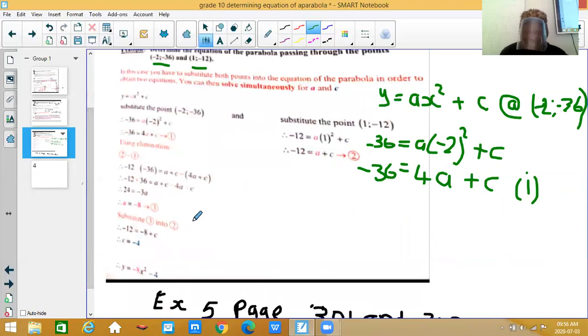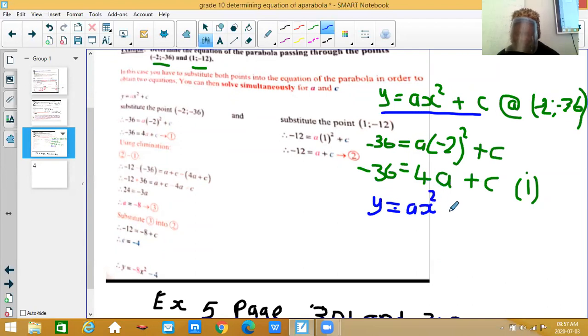Now let us look at the other one. Still, we are using the same equation, y is equal to ax squared plus c.